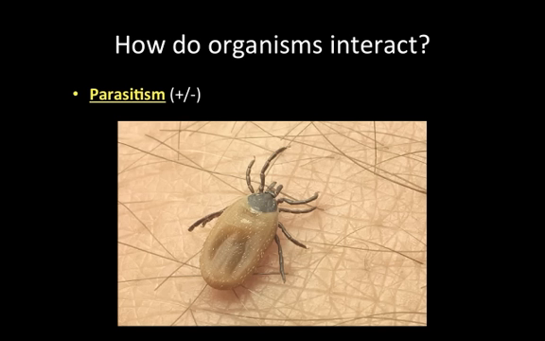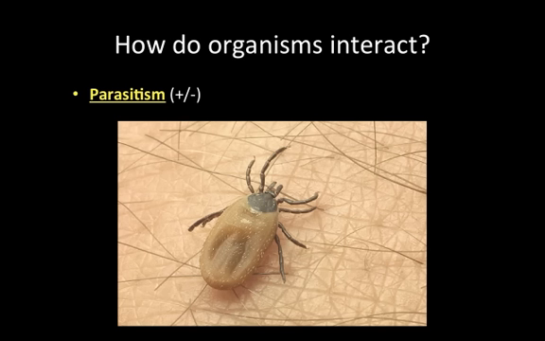One thing to make note of is that the tick doesn't necessarily want the human to die. That would not be beneficial to the parasite. The parasite wants the organism to live because if the human dies, then there is no more blood for the parasite to benefit.